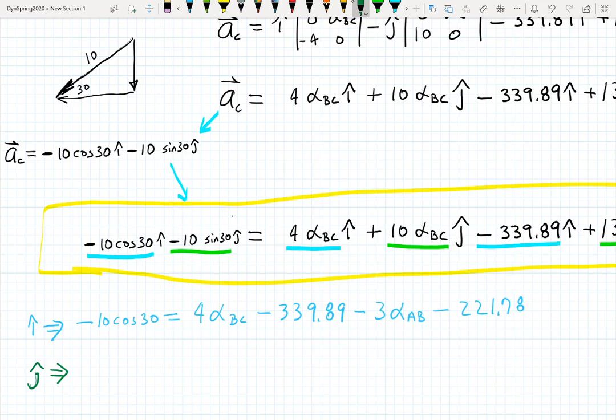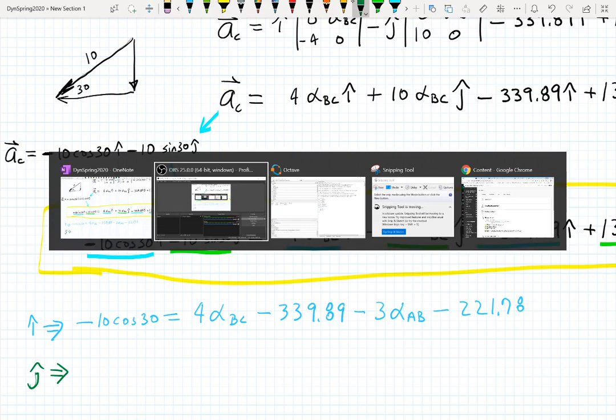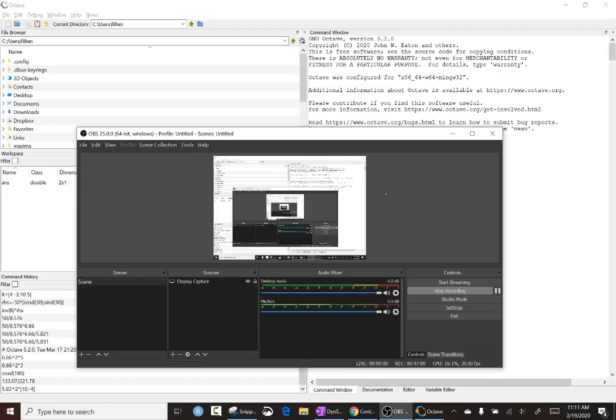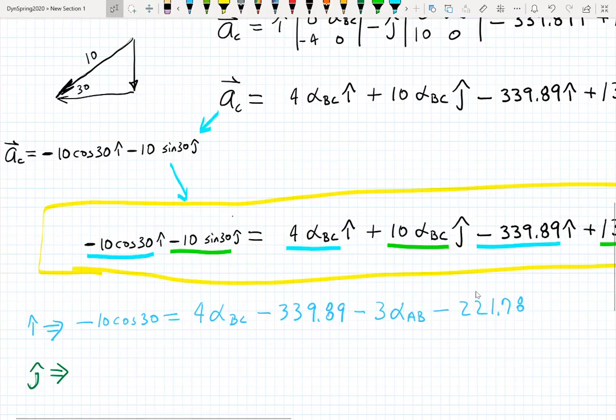The J equation. Okay, hang on. Take a quick pause and finish the J equation in a second. Okay.